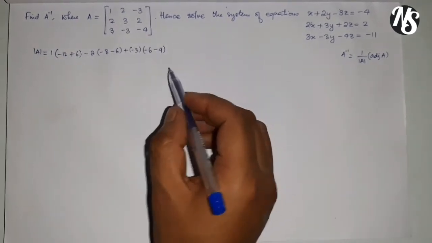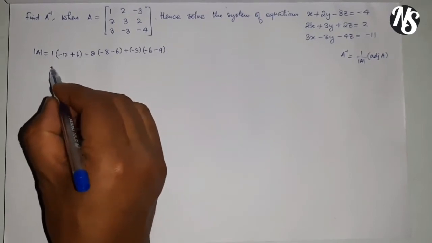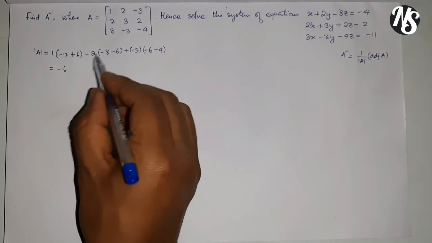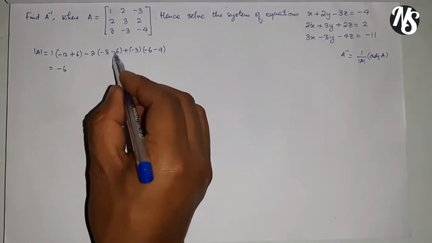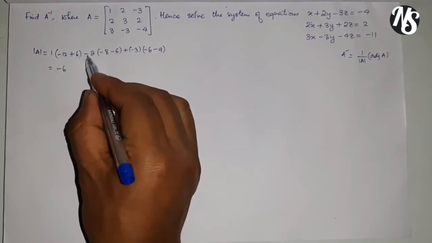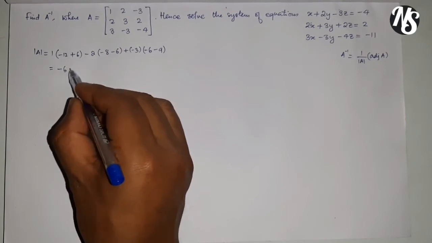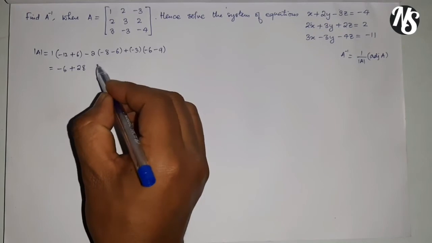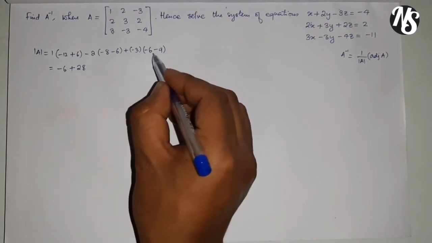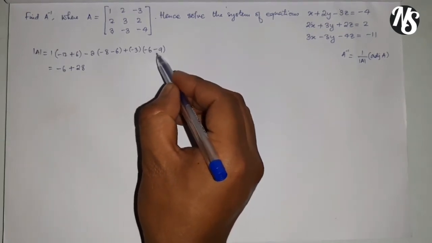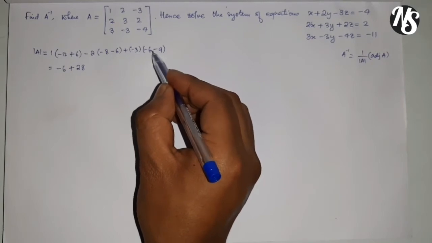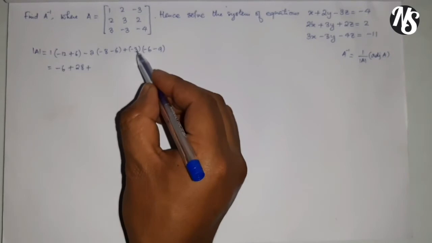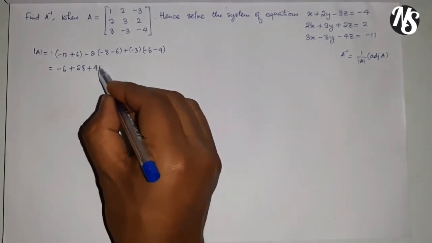Let's quickly evaluate this. 1 into anything will be that much itself, and this is minus 6, minus 2, this is minus 14, so minus 14 minus 2 is plus, so plus it is 28. Next we have minus, how much is that? This is minus 15, so minus into minus is first and foremost plus, so 3 into 15 is 45.